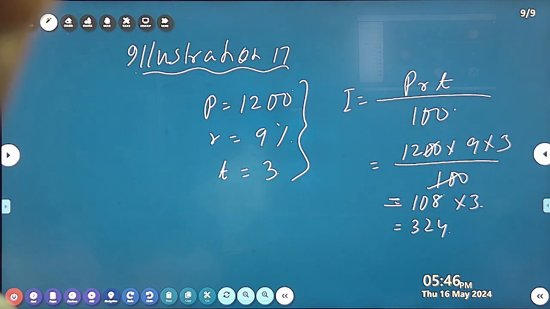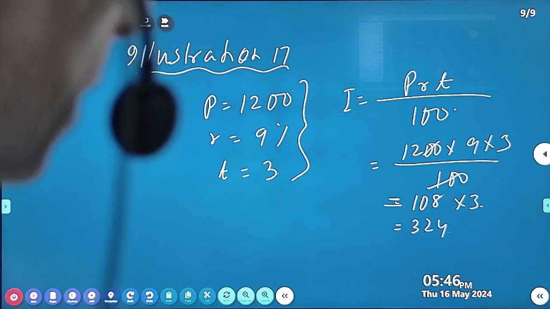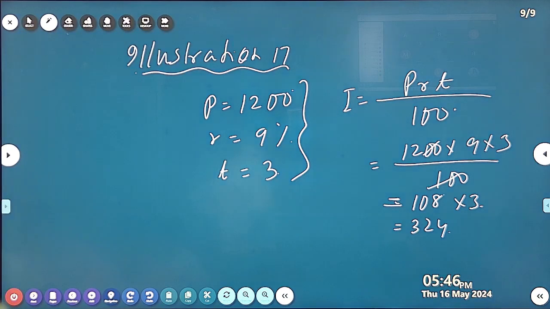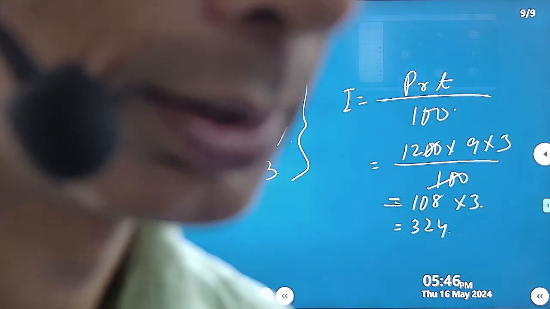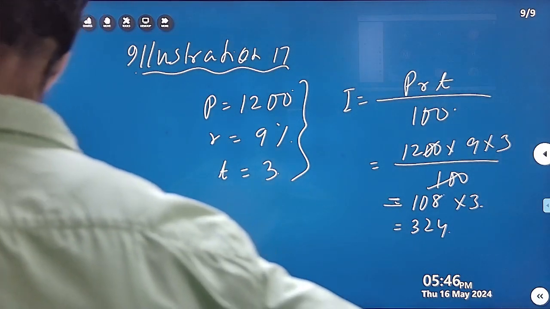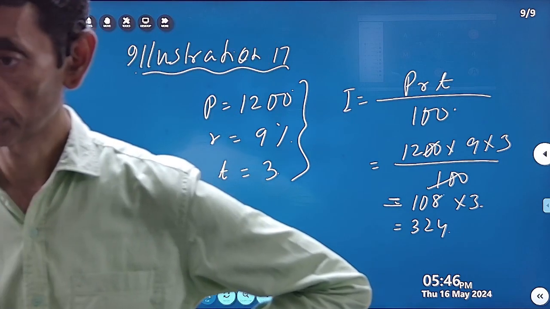This one. Illustration 18, you are doing. Right. Complete illustration 18 first. You all have done 18? Done?